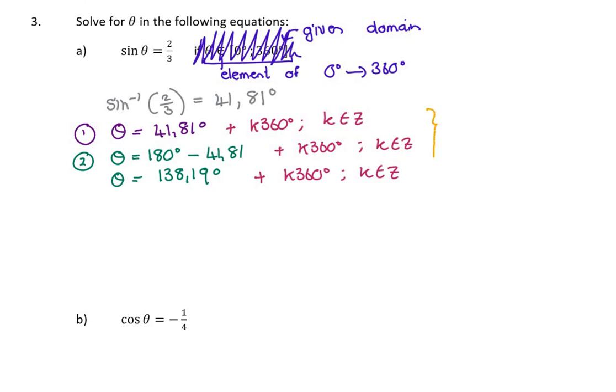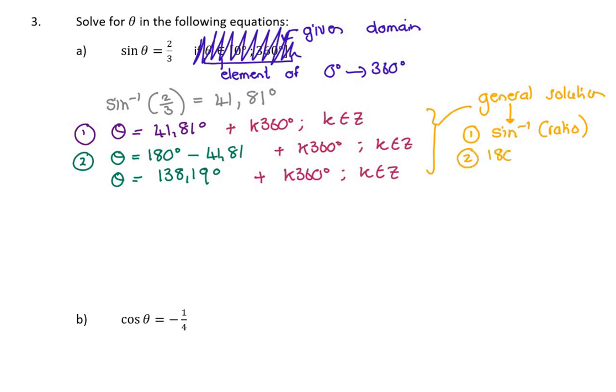Now this is called your general solution, because you've just found all the possible values that can possibly exist. Now just to quickly summarize, how do we find the general solution for sine? Well, the first thing we do is shift sine of the ratio. That's our first solution. Regardless of whether it's negative or positive, you just go shift sine of the ratio. What's our second solution?